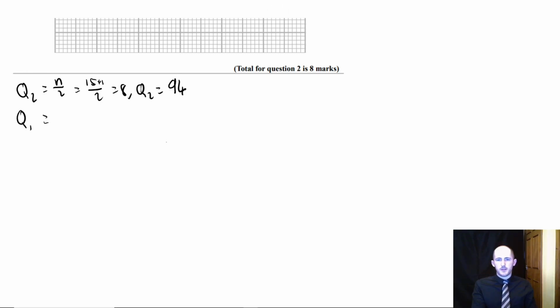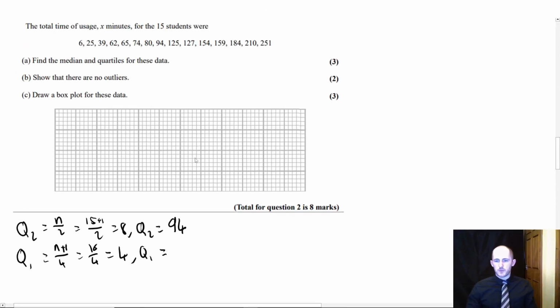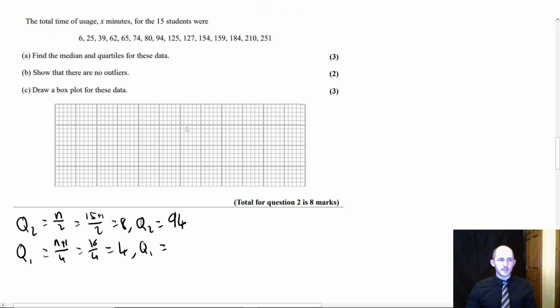Q1. Again, we're going to do n plus 1 over 4, which is the 4th value, so 1, 2, 3, 4 is 62.